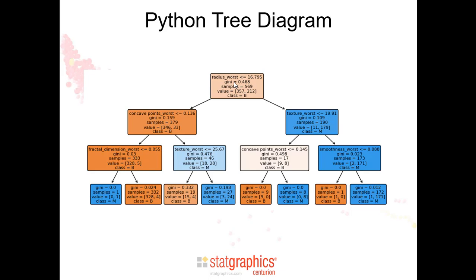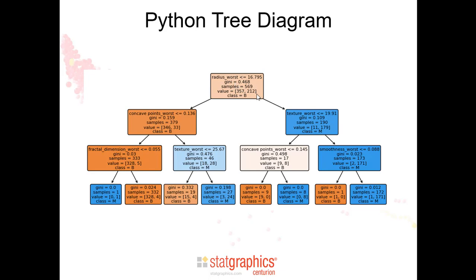It's on a scale of 0 to 1, and basically the closer it is to 0, the more homogeneous the samples. Well, at this particular location, 357 of the training cases were benign, 212 were malignant. So if you stopped at this node and had to make a prediction, you'd predict benign, because more samples at that node are benign than malignant.